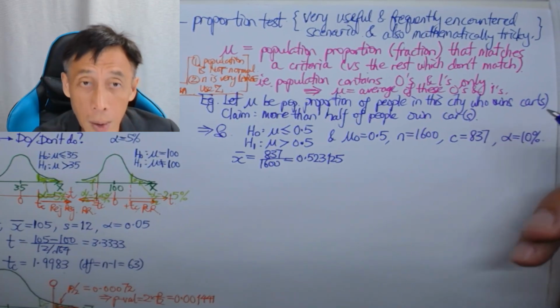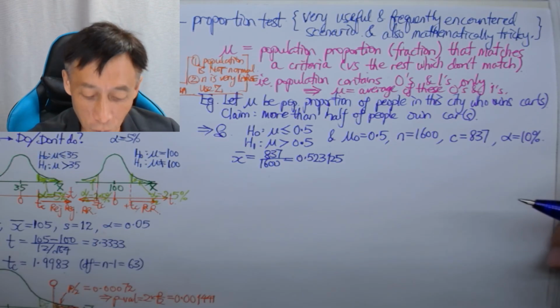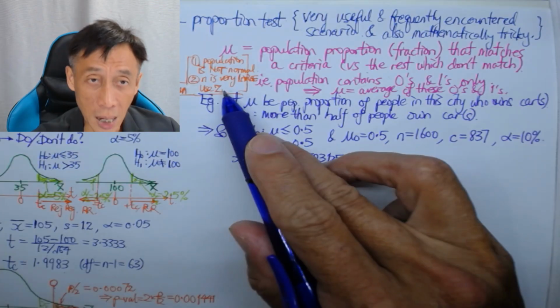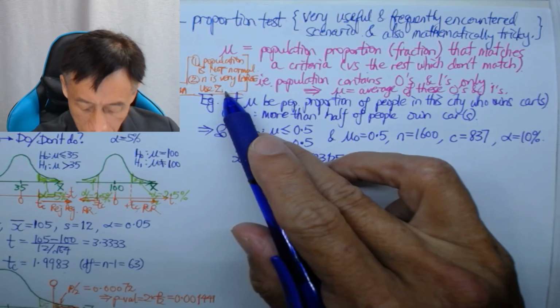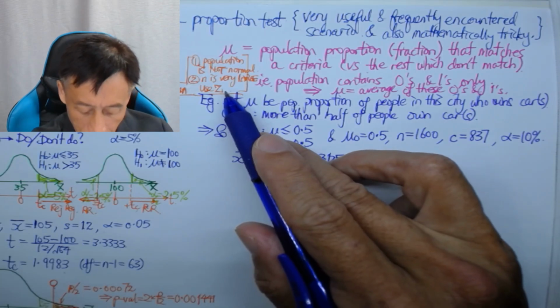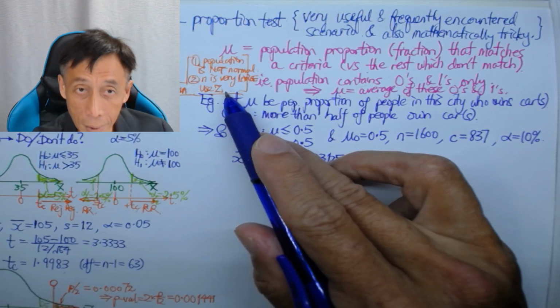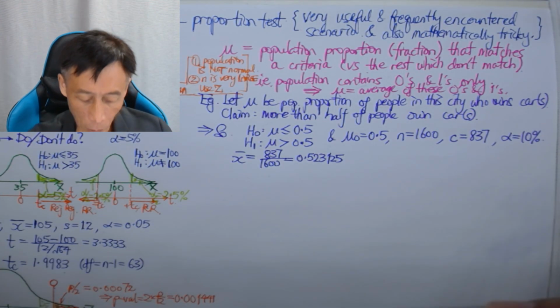Now, here we are approaching closer and closer to the tricky part. Where's the tricky part? The tricky part is when we use Z, we need to know a little bit about the sigma.